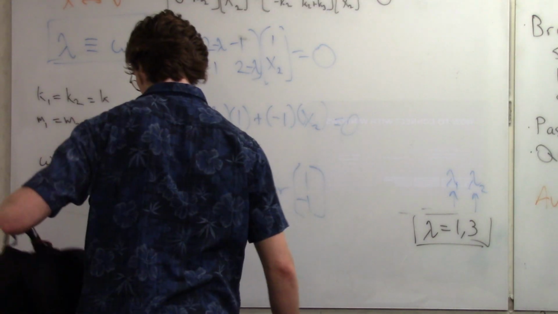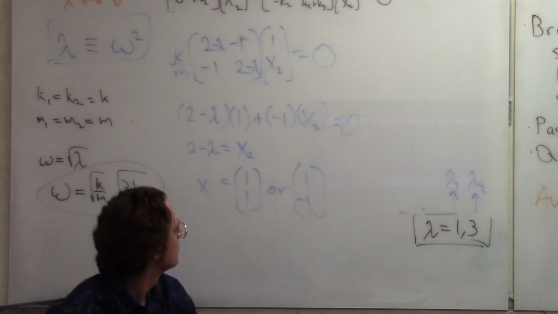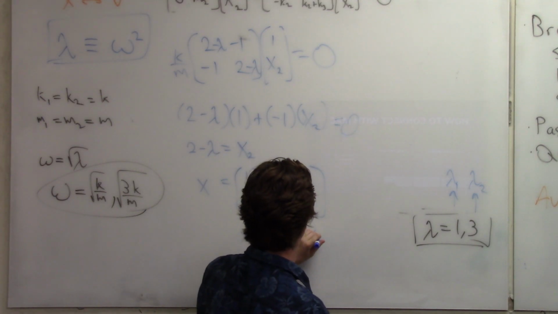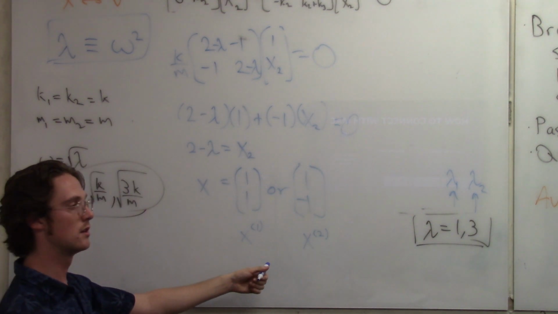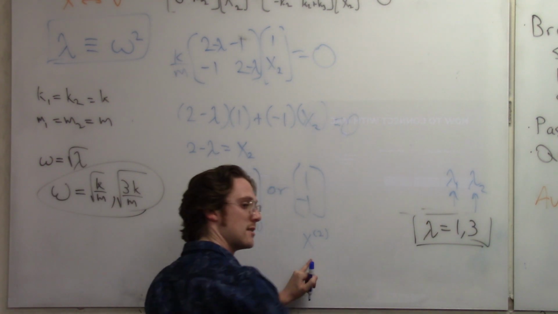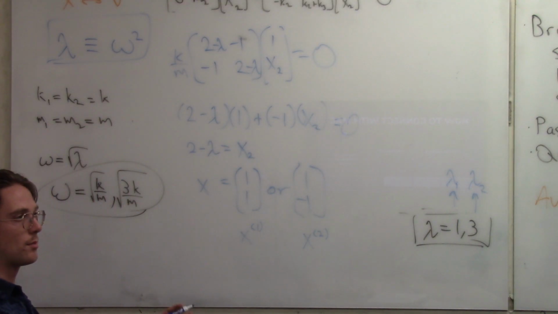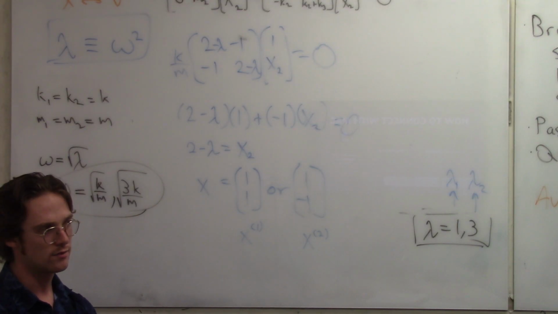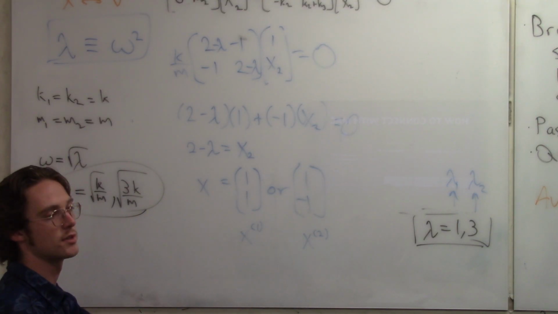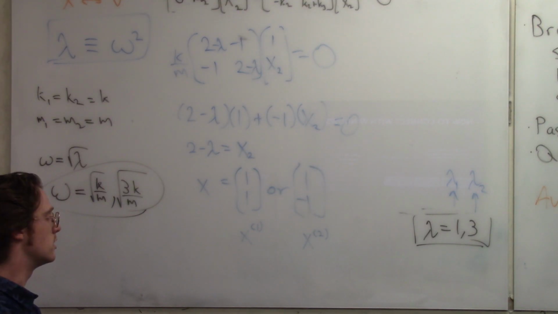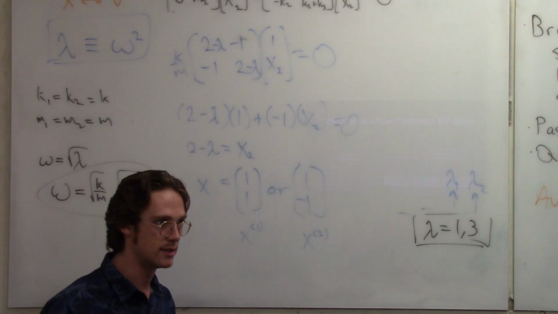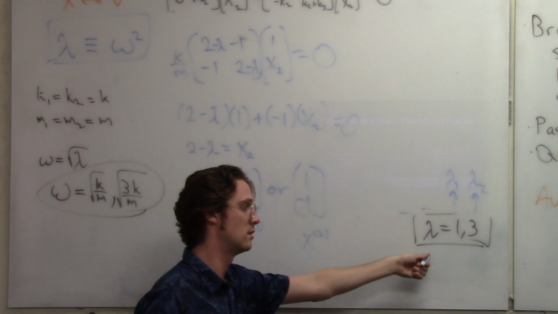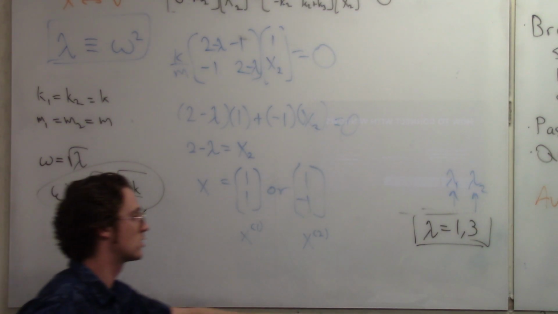The way you can write that is x parentheses 1, x parentheses 2, so that you can keep them consistent. In practice, like in an exam, you'll probably be asked to solve for all the eigenvalues, solve for the eigenvectors, and then present them. But it's important to keep which ones go with which consistent. These are eigenvectors, these are our eigenvalues, and then our natural frequencies are going to be the square roots of these.